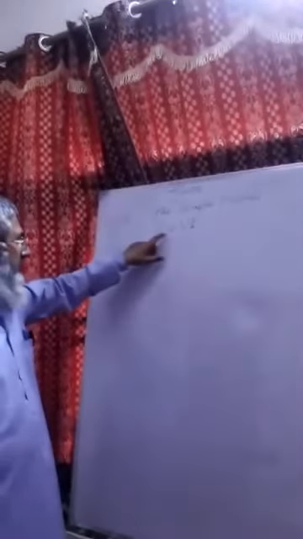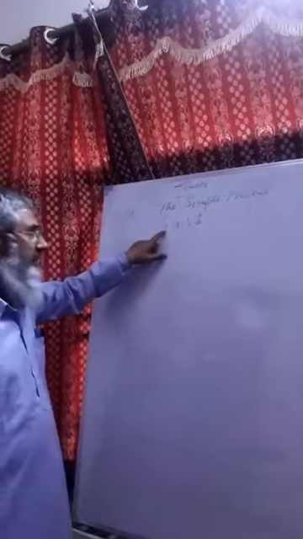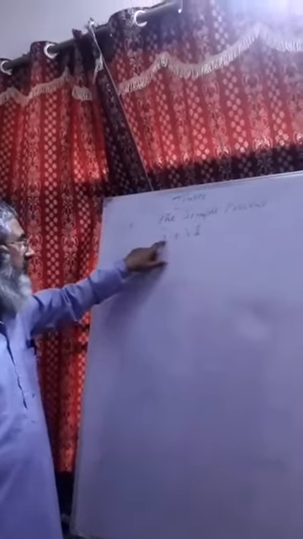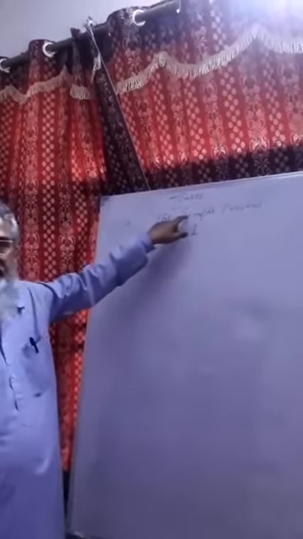V1 is the first form of verb. When the first form of verb comes directly after the subject, we say the tense is in the simple present. And now we shall learn where this simple present is used.